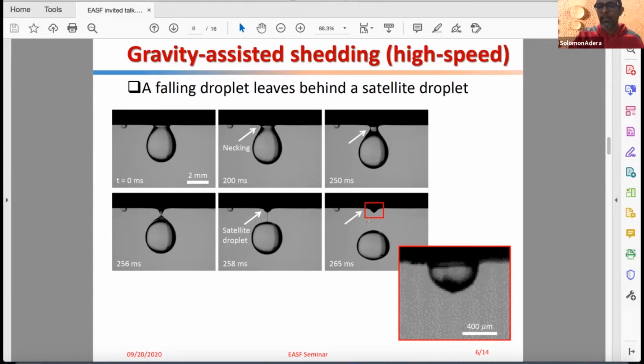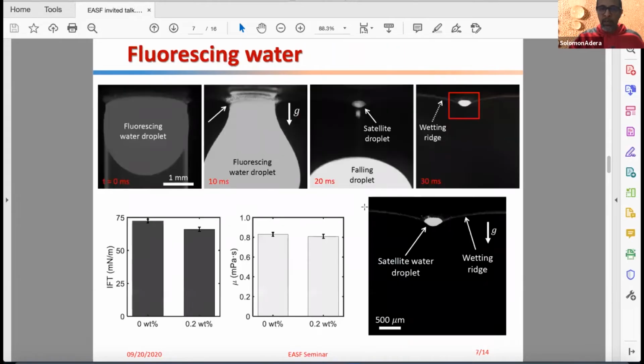To identify whether the satellite droplet is water or oil, we add a fluorescent dye to the water. When this water droplet is falling, it fluoresces because of the dye. What we saw is that the small droplet left behind when the pendant droplet falls is water, as you can see here; the white part shows the water that's fluorescing.